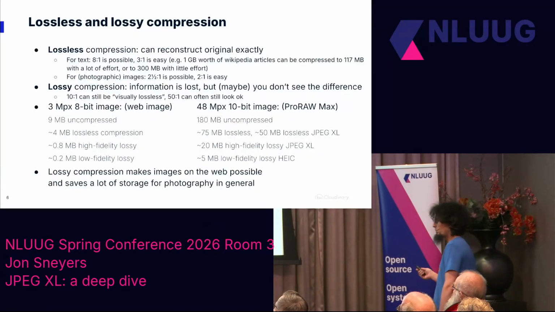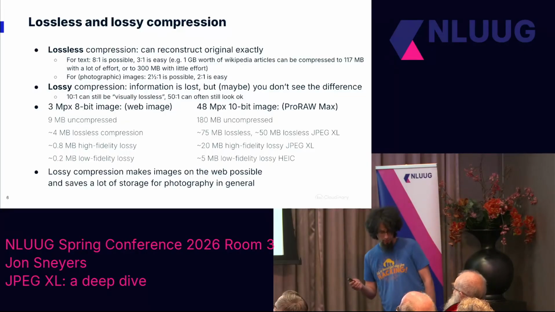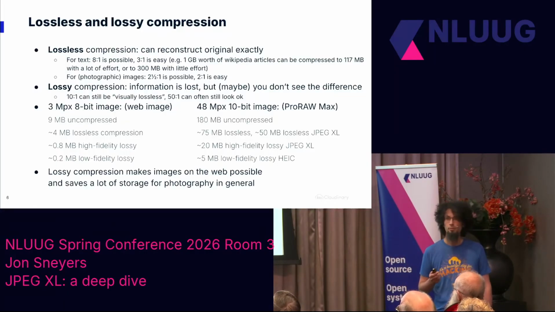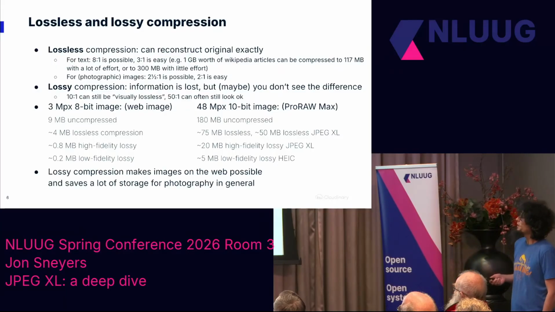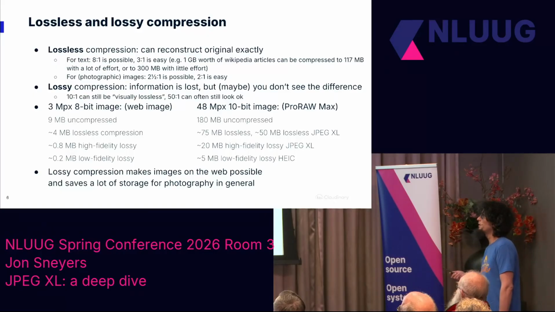There are 2 ways to do image compression, and in that sense it's a little bit different from general compression or text compression. You can do lossless compression, which means everything is reconstructible perfectly, and for most types of compression that's the only thing we're interested in. However, lossless compression of images doesn't give you that much of a compression ratio.